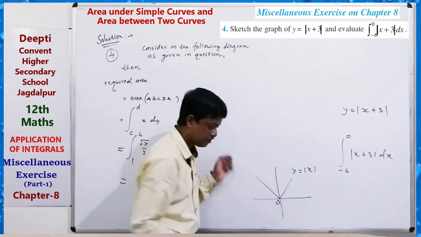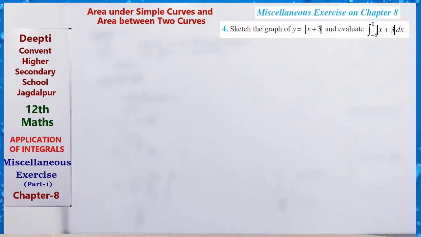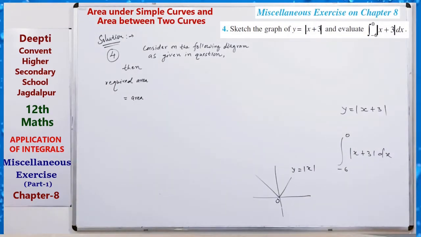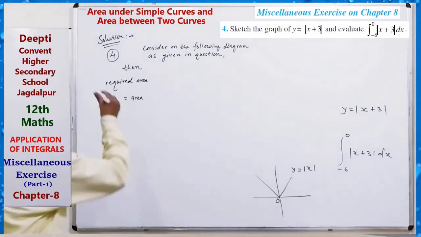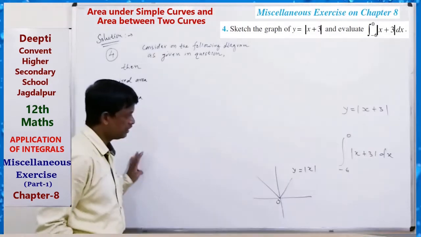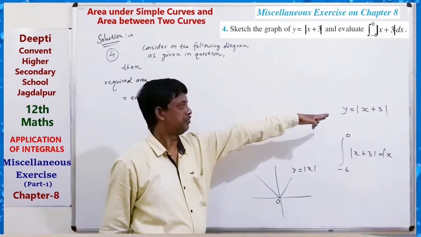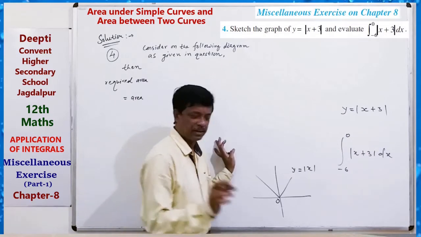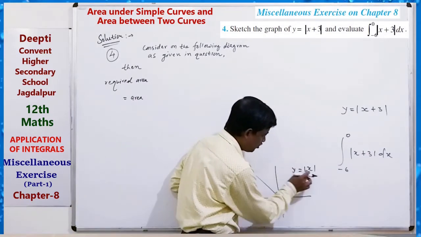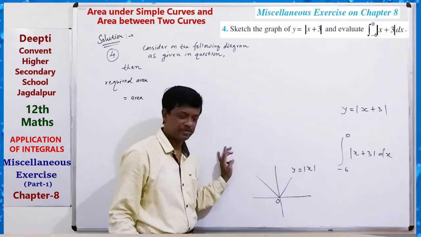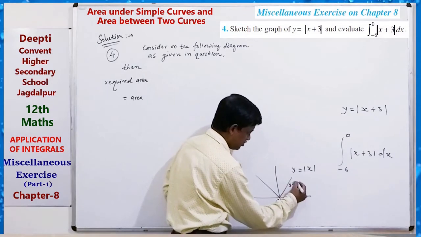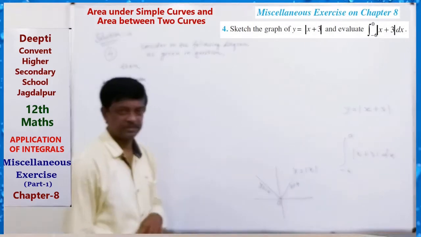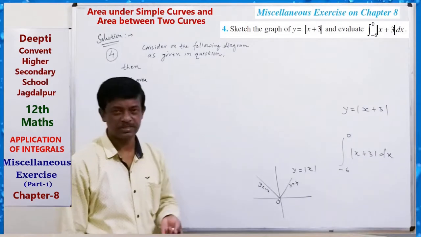This is the origin. Now for question 4, we sketch the graph and find the value of this. We know the graph of y equals mod x is this V shape. That is y equals x and y equals minus x. You know this type of graph is what the modulus function has.